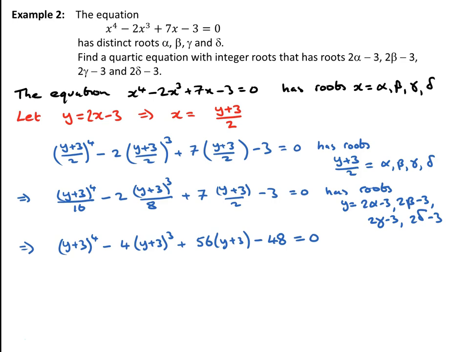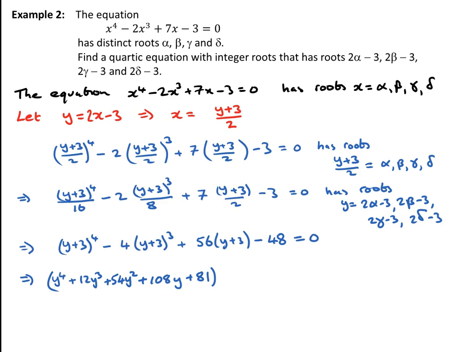Now if we use Pascal's triangle to do y plus 3 to the power 4, we're going to get y plus 3 to the power 4 is y to the 4 plus 12y cubed plus 54y squared plus 108y plus 81. Now you'll certainly have to do a little bit of working out on the side of your solution just to check that that is correct.